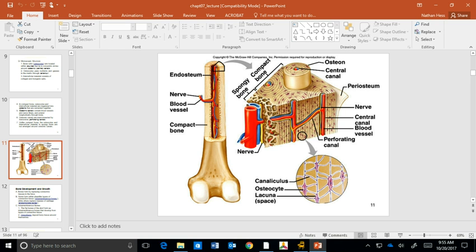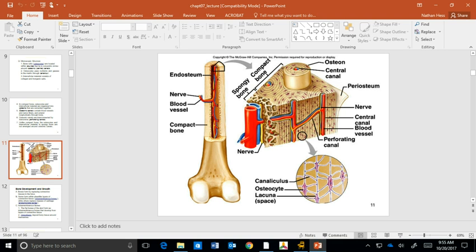Okay, so we put those osteons together, and that's what makes this compact bone. In the center of those osteons is something called the central canal. What's in that central canal? If you just look, blood vessels. That's the red and the blue ones. What about the yellow ones?